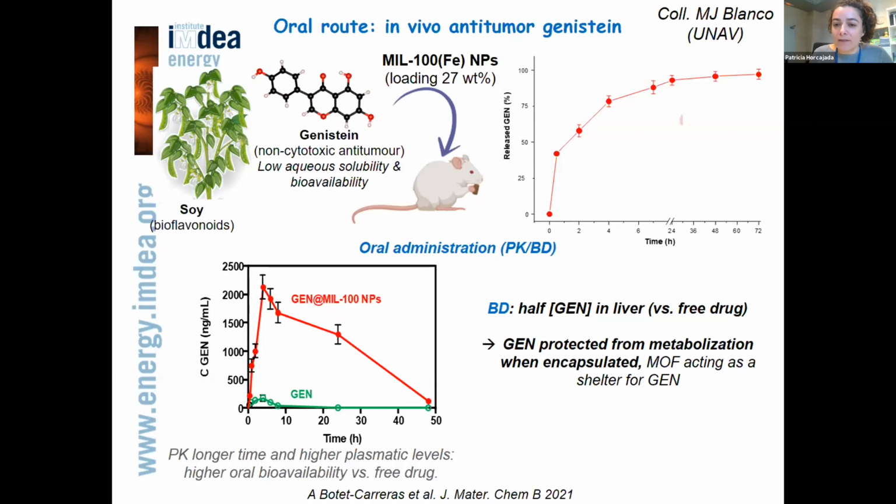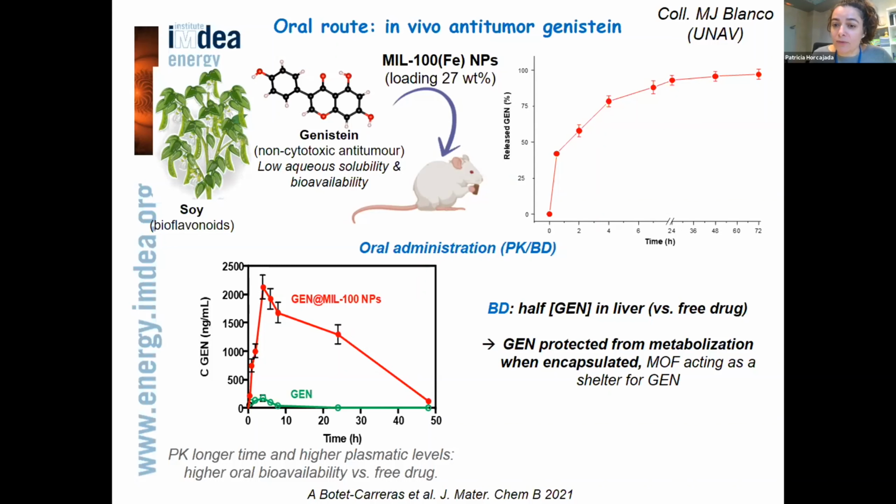Again, the genistein can be released progressively under physiological conditions, and upon the oral administration, in the pharmacokinetics we have demonstrated that the drug concentration in plasma when administered in the formulation is higher, and also prolonged in time, when compared with the formulation with the free genistein.